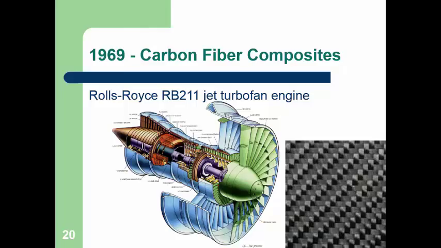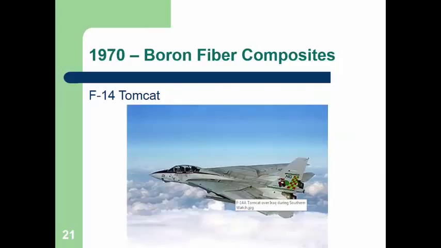The polyester resin has a fairly low melt temperature, doesn't operate well at high temperatures. The carbon fiber composites can be made with high performance resins that will give them advanced strength and thermal properties.